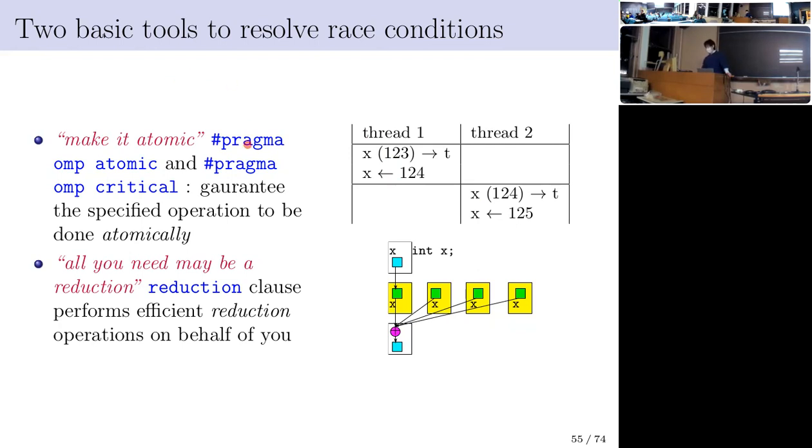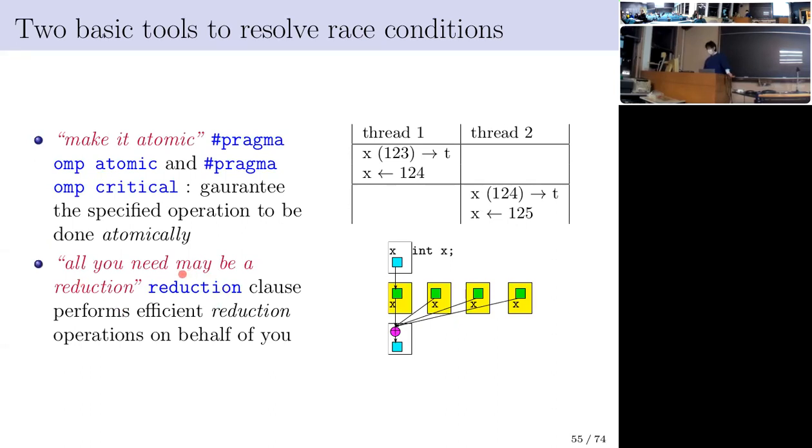There are some tools to make a sequence of operations happen atomically. The particular pragmas OpenMP has for this are pragma omp atomic and pragma omp critical. There's a slight difference between the two, I'll get to this shortly. And the other approach, which can be applied only in limited circumstances but is very useful when it is applicable, is called a reduction.